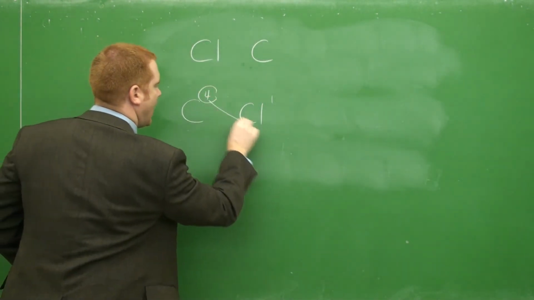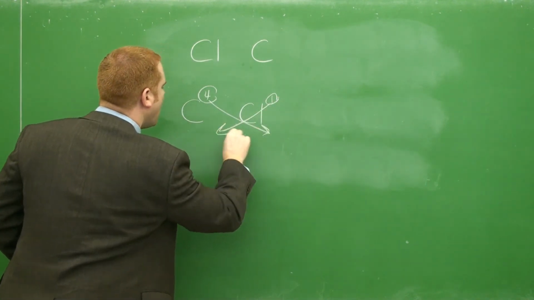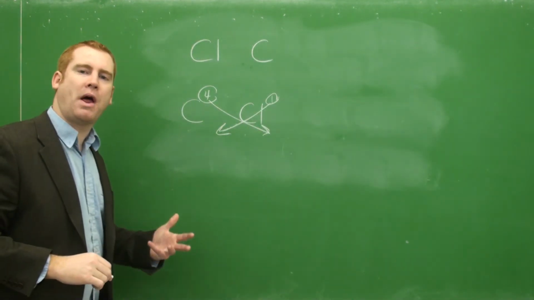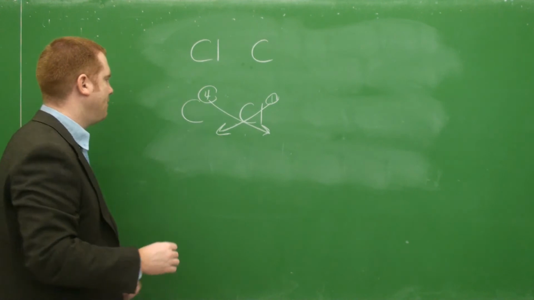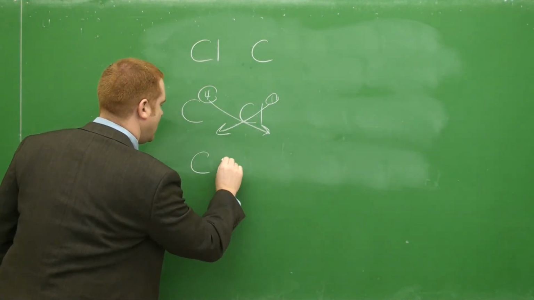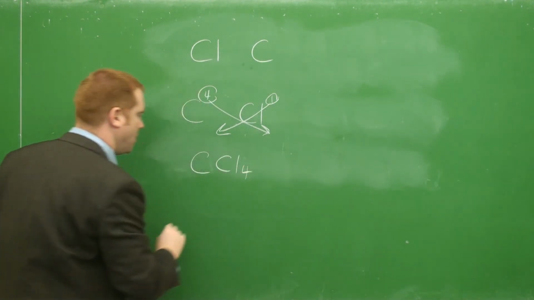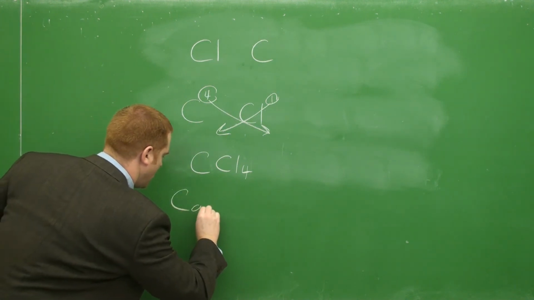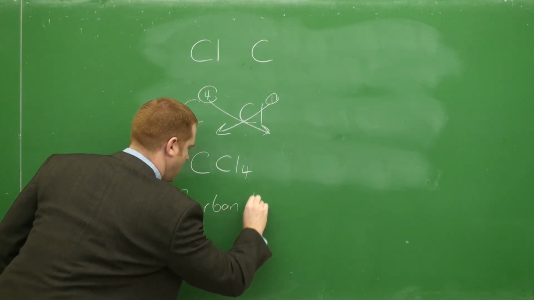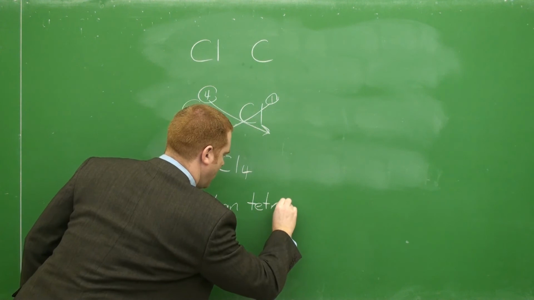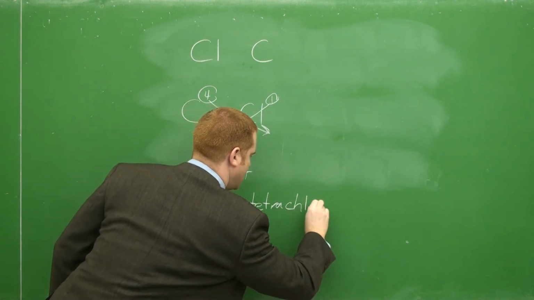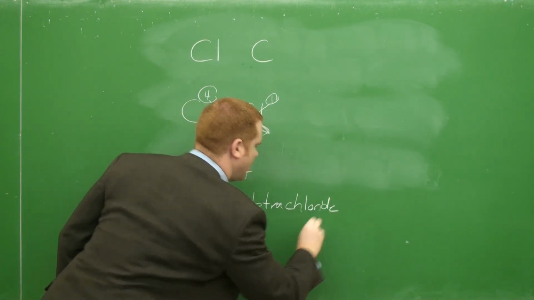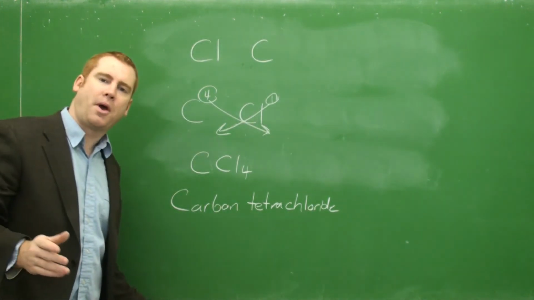The 4 will come down, the 1 will come down. Now we're not crisscrossing charges, but rather the combining capacity. So CCl4, and if we were going to name this thing, it would be carbon tetrachloride. Again, changing the ending to -ide and putting our prefixes on. So there we go.